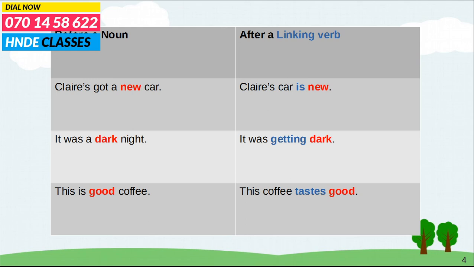Here tastes is a linking verb which expresses a sense related to the tongue. So that is all, my dear friends, about attributive adjectives, adjectives coming before a noun, and predicative adjectives, adjectives coming after a linking verb.